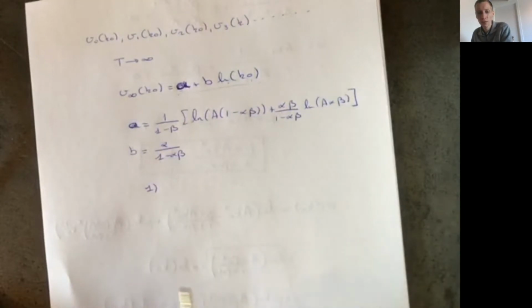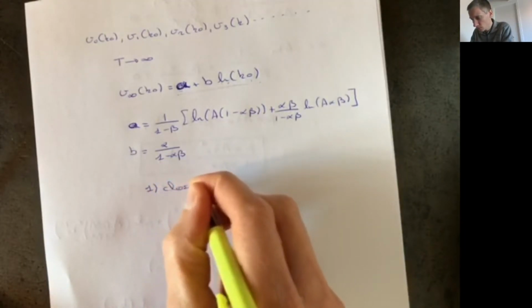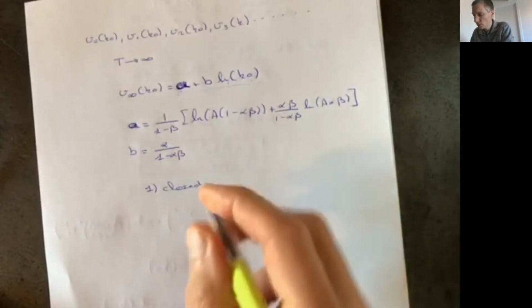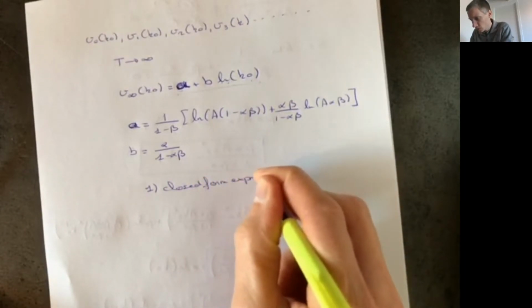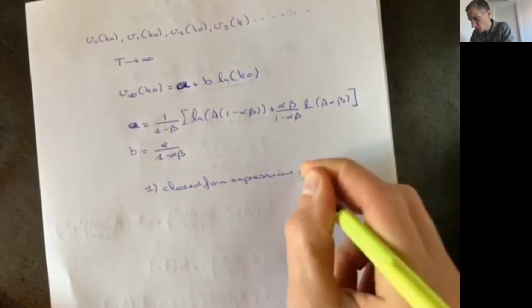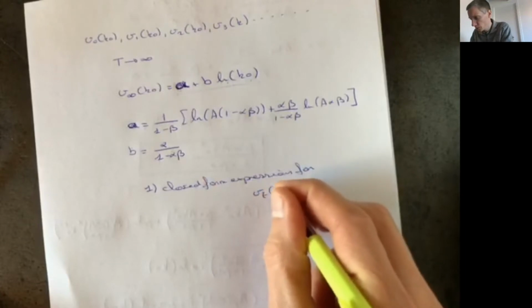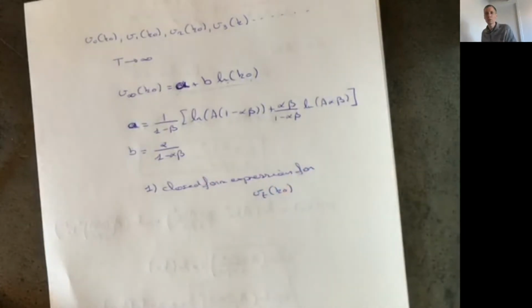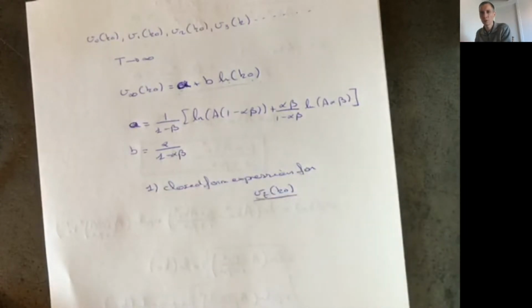But in general, I'm not sure that I will always be able to do this, right? So it's not always the case that we have closed form expressions for vt of k0. It's not always the case that we can actually write this as a function of k0, right?